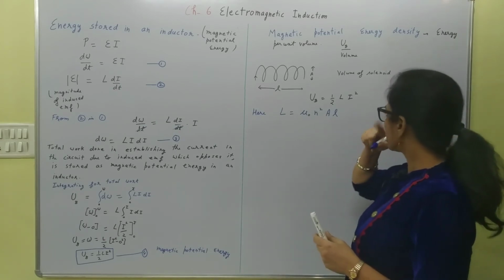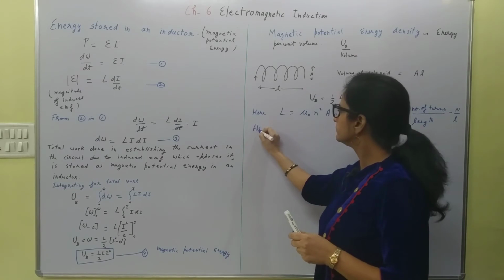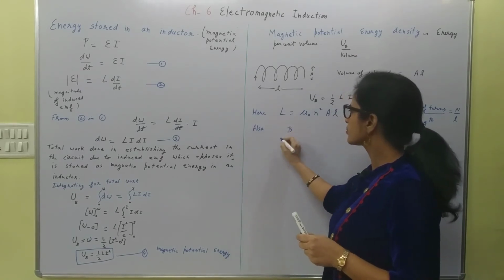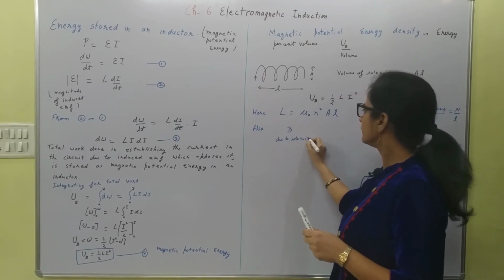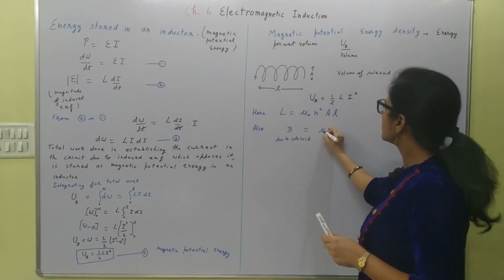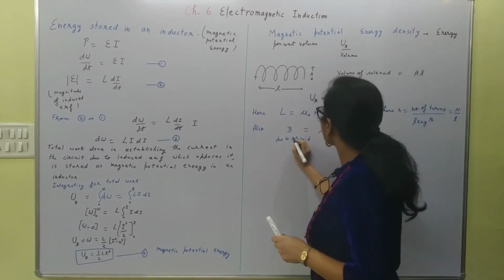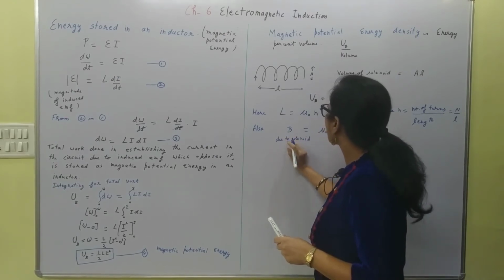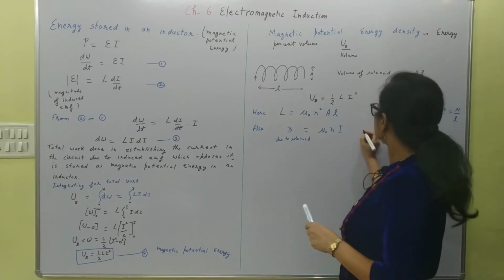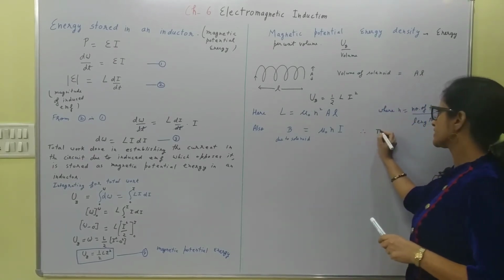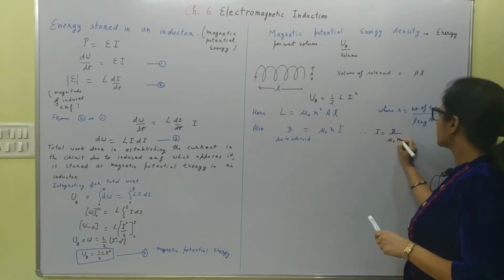And what is the formula for the magnetic field due to a solenoid? This is mu naught into small n into I. So from here current can be written as B upon mu naught n.